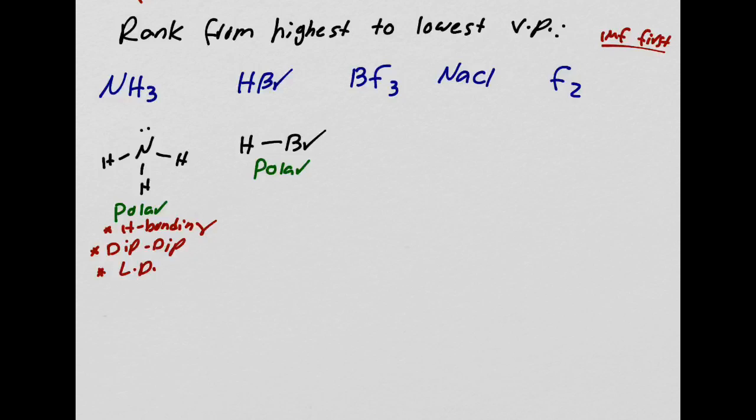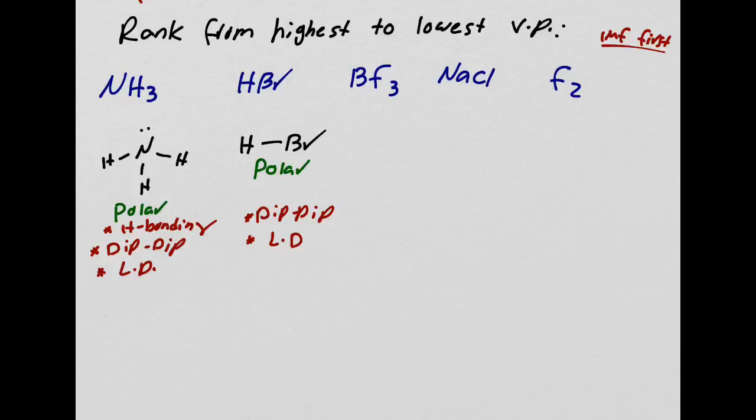So it's going to have dipole. So we said no ionic, no hydrogen bonding, dipole because it's covalent and polar. And then we said if you have dipole, you really have London dispersion also because everything can have a temporary dipole. You following me? Beautiful.